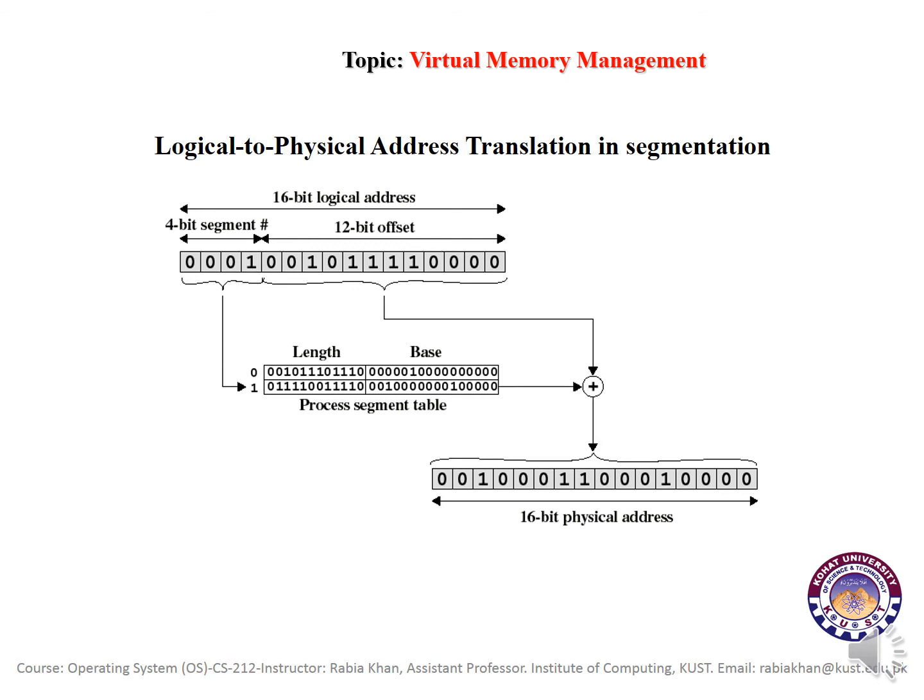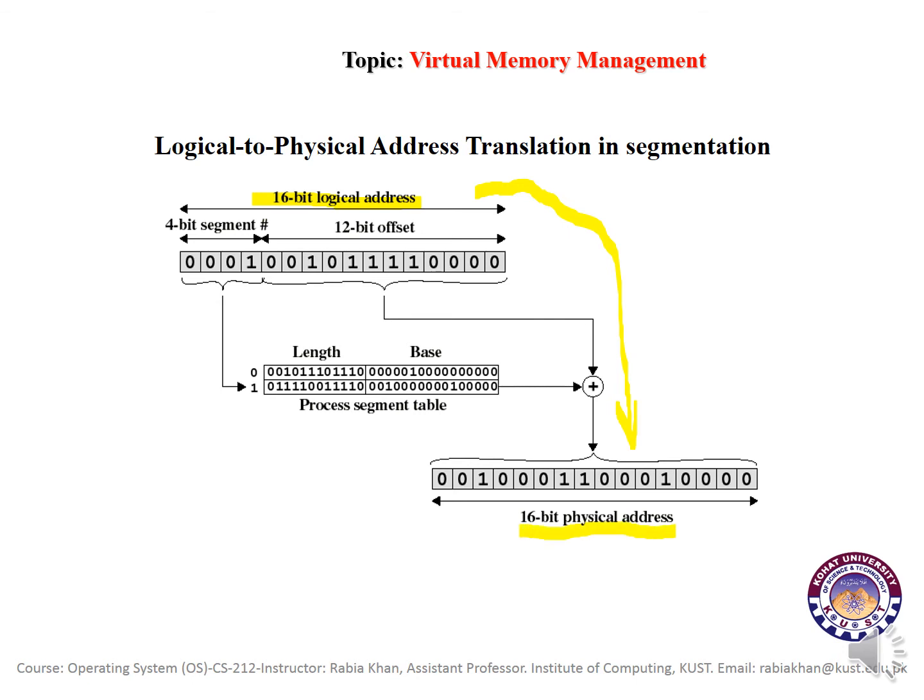A 16 bits logical address is then translated into a 16 bits physical address. Here you can see this is the 16 bits logical address, which is ultimately translated into this 16 bits physical address.